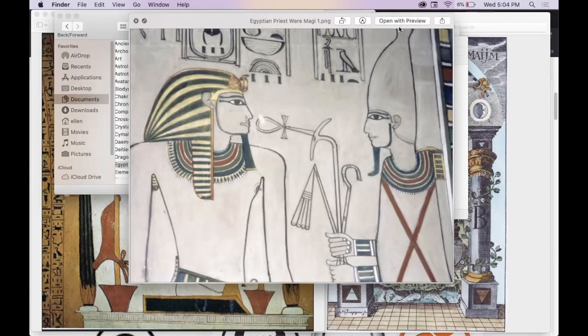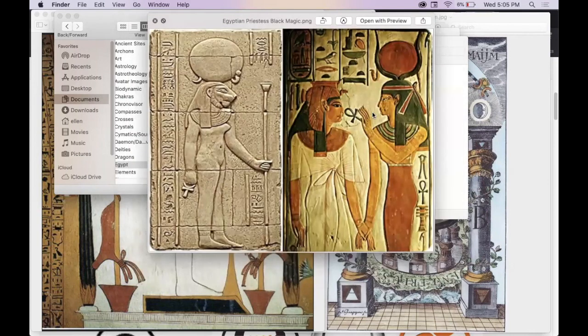And he is a priest of high stature and status. More symbolism. Initiating, we've already seen that image, but here's one with a lioness as she has the moon on her head and a serpent that comes from the moon. She is holding the ankh and a staff.